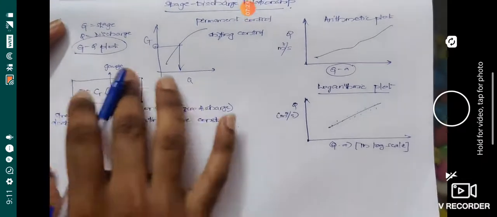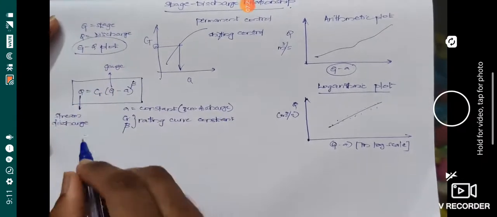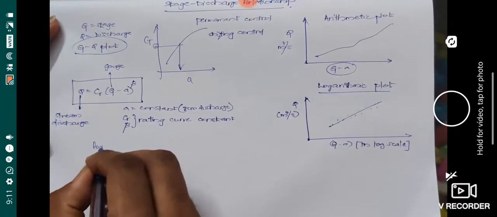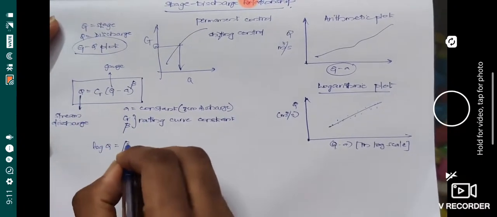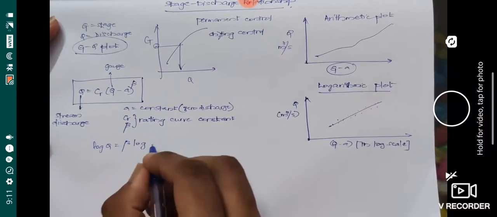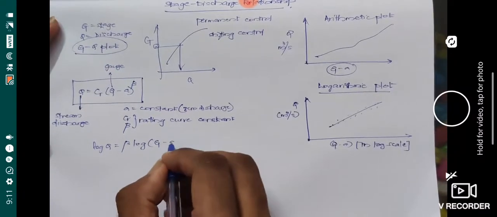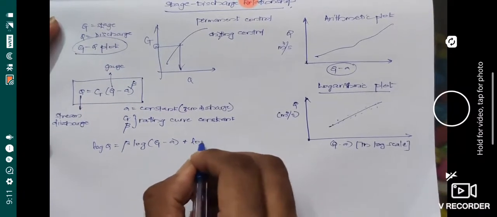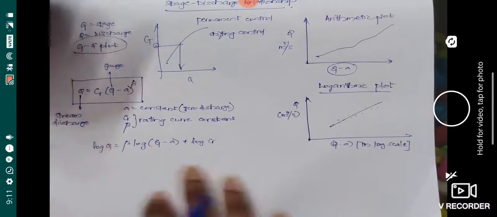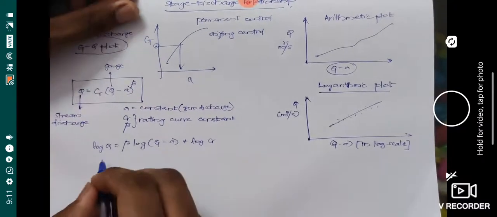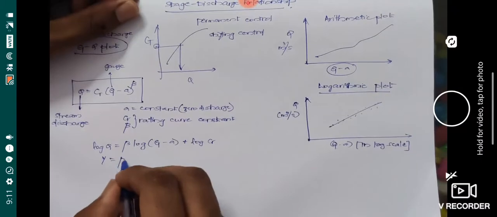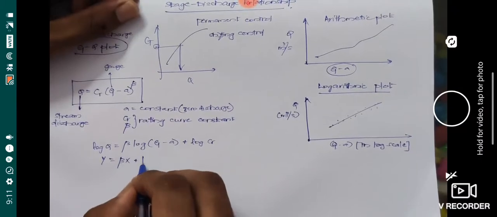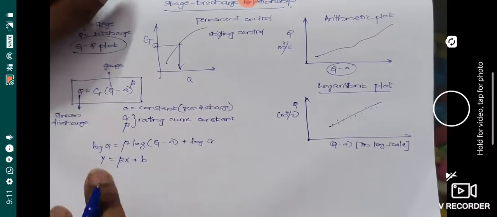If you take logarithm on both sides, you'll be getting log Q equal to beta log (G minus A) plus log CR. Now I can go for a small rearrangement. I'm considering this to be y equal to beta x plus b. So this is an equation of a straight line, isn't it?